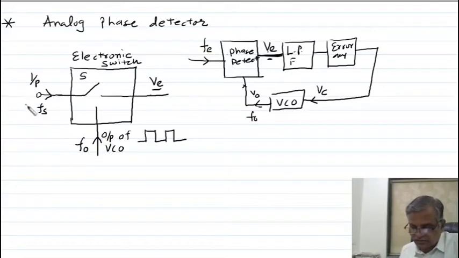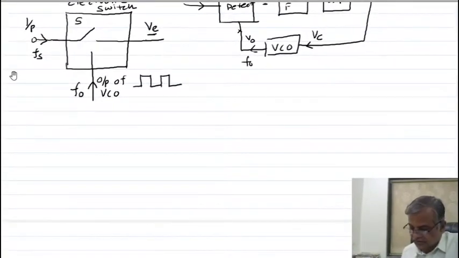Now in this diagram I am showing you the output of the VCO and the input signal with different phase phi with respect to FO, and its corresponding error voltage.